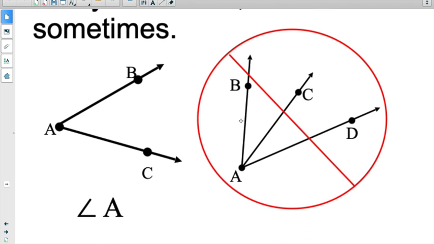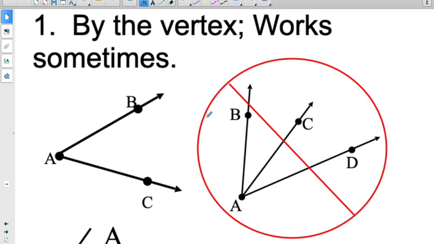You cannot call this one by the vertex because here you have two different angles. You have angle BAC and angle CAB. So you have two different ones, so you can't call it by the vertex. So here we can call this angle A, but it only works sometimes if it's a standalone angle.